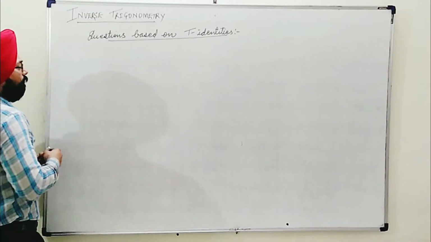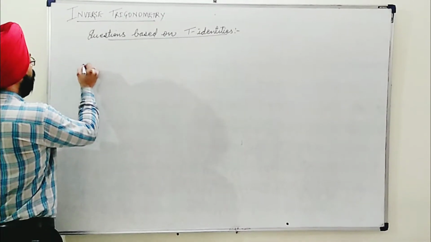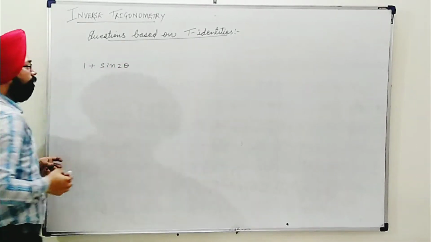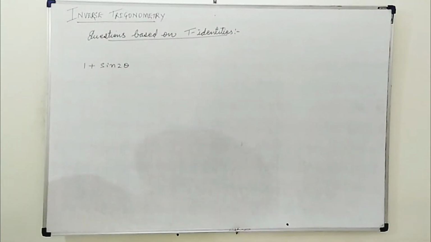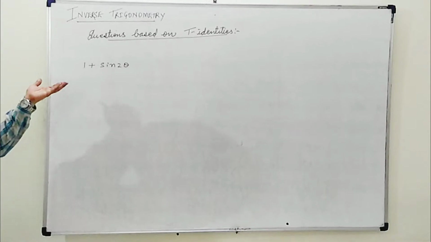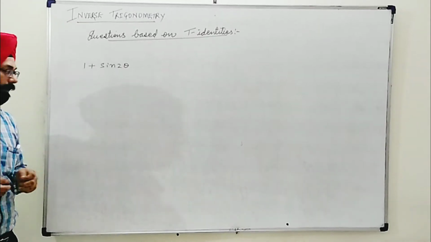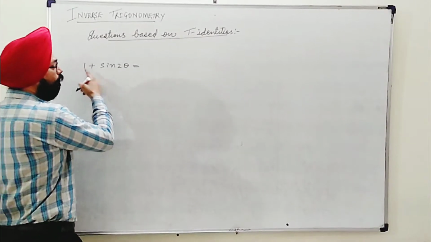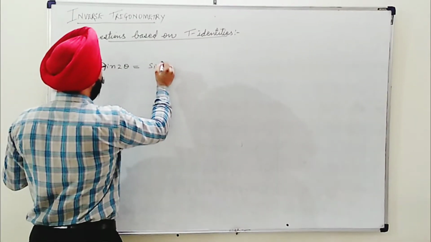First of them I would like to discuss is 1 plus sine 2 theta. Whenever 1 plus sine 2 theta is given, how can we simplify it? As we know, 1 is equal to sine square theta plus cos square theta.